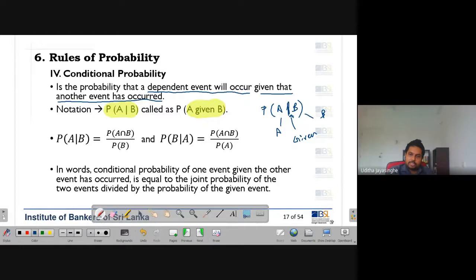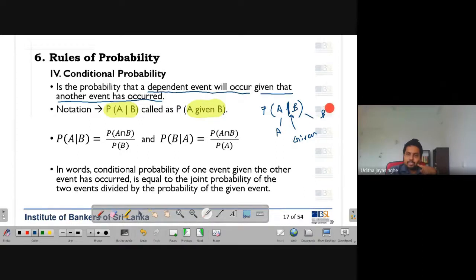Now let's quickly jump in here. That's why I needed to define the wording first. What about this particular part, which I have demarcated as probability A given B? Now read the area again: the dependent event will occur given that another event has occurred.